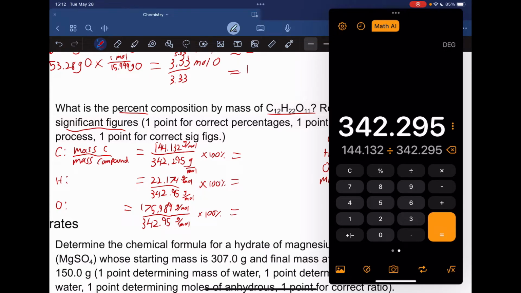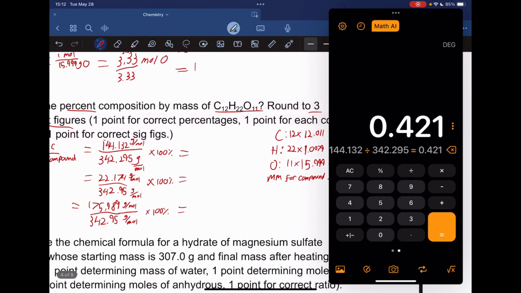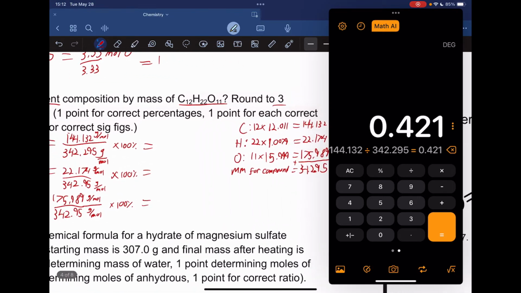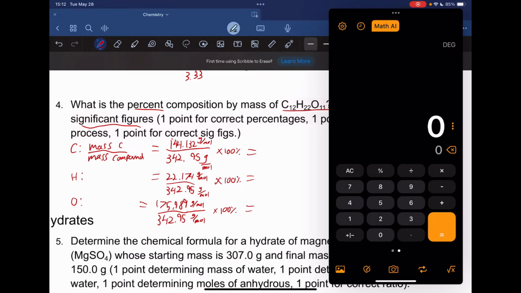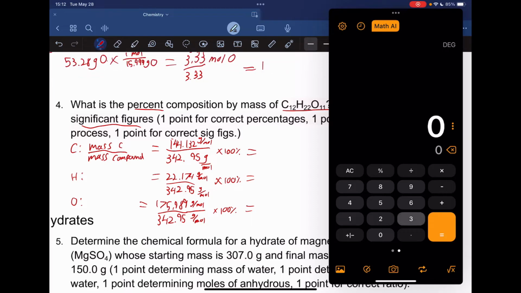Oh, looks like there was an extra 2. There shouldn't be an extra 2. Let's try that again. Restarting because I realized there was an extra 2 in the total molar mass that shouldn't have been there.